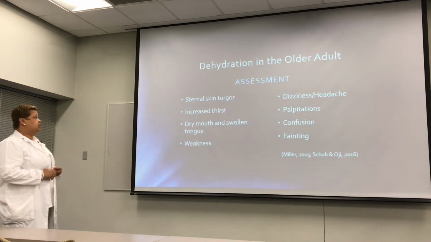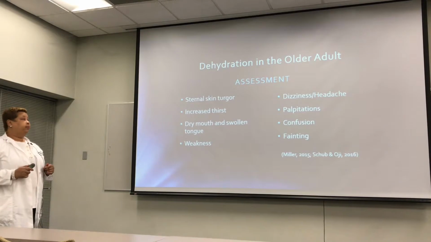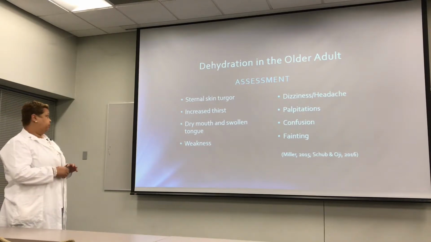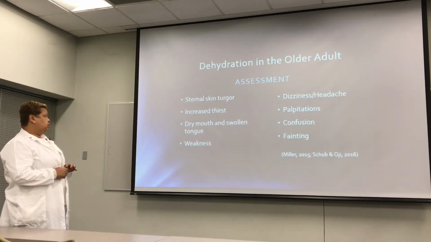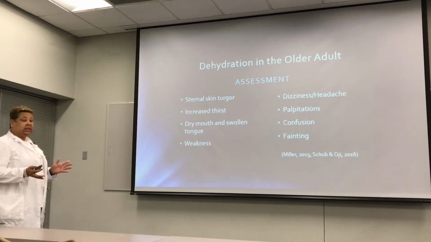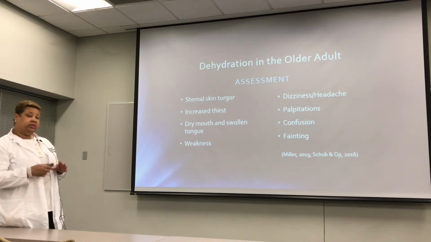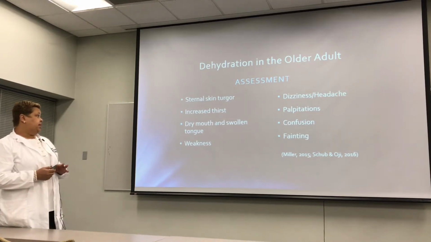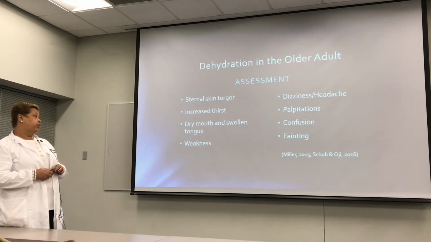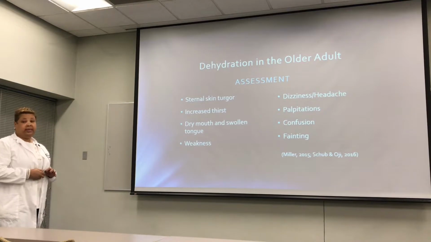So when we talk about assessment, these are some of the things that we're looking for that are indicative of dehydration. Weakness, dry mouth, swollen tongue, increase in thirst, but remember in the older adults, you might not see that because they have the decrease in homeostasis. Dizziness, headache, palpitations, tachycardia, some confusion, possibly fainting or syncope.